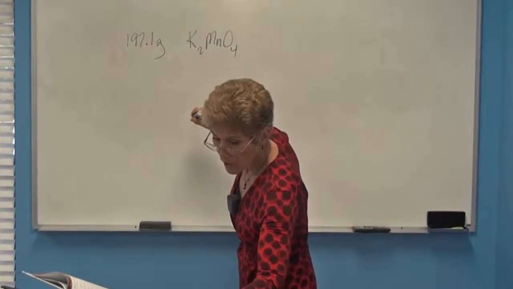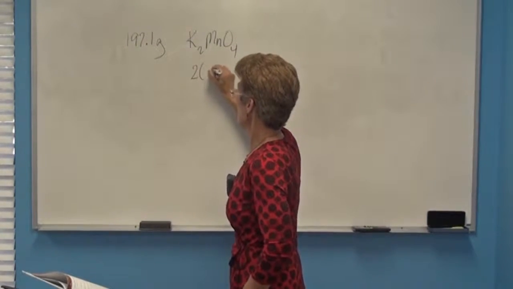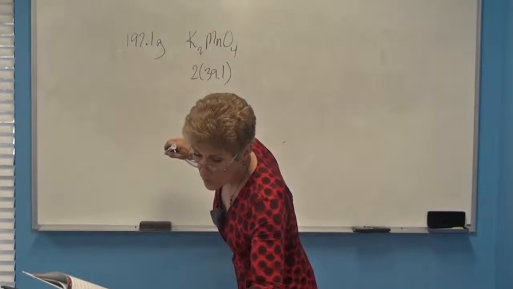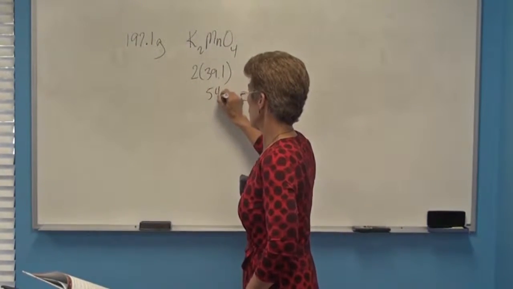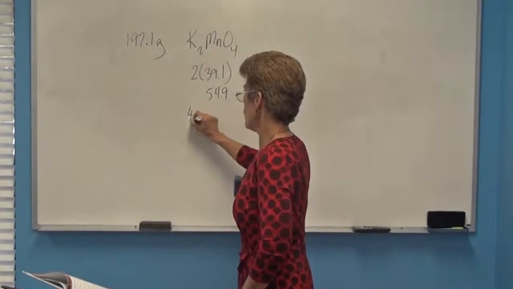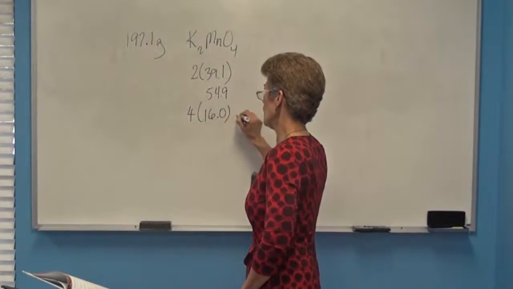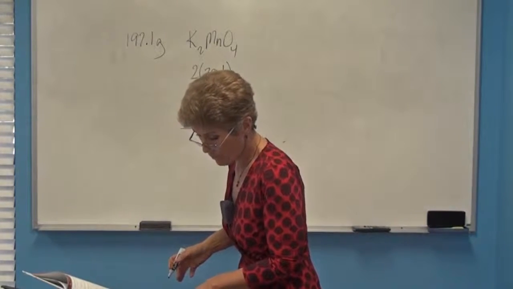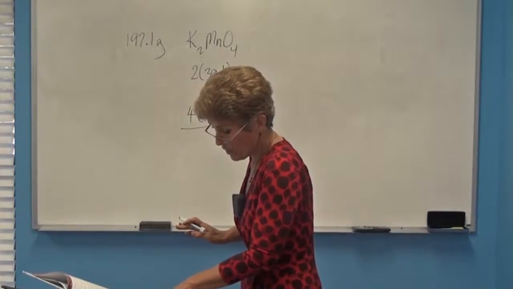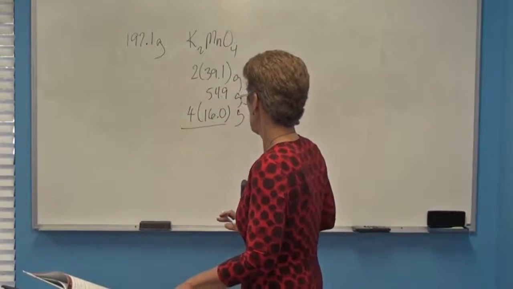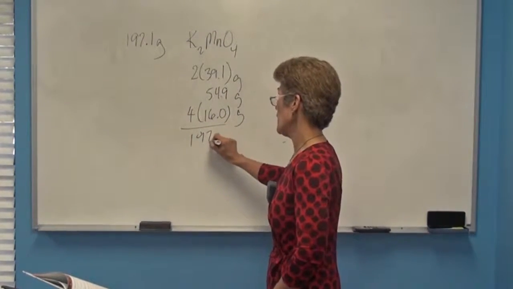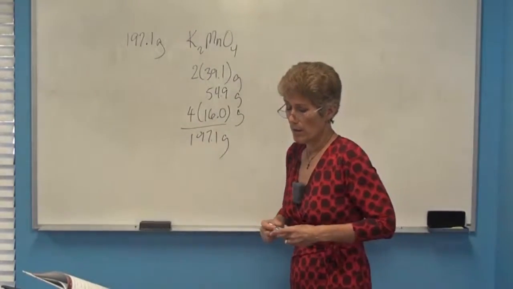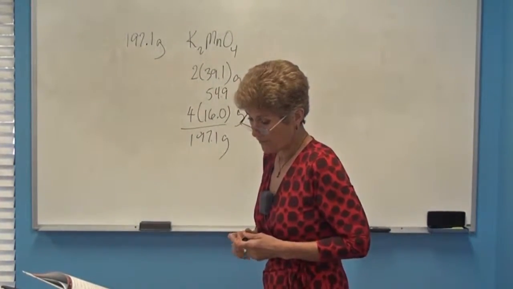So you go on your chart, and 2 potassiums at 39.1, the manganese was 54.9, and 4 times the oxygens. These are all in grams. I'm going to use grams rather than AMUs. It works either way. Believe it or not, if you add that all up, it's 197.1 grams, and so it's a 1-to-1, so that is the molecular formula.